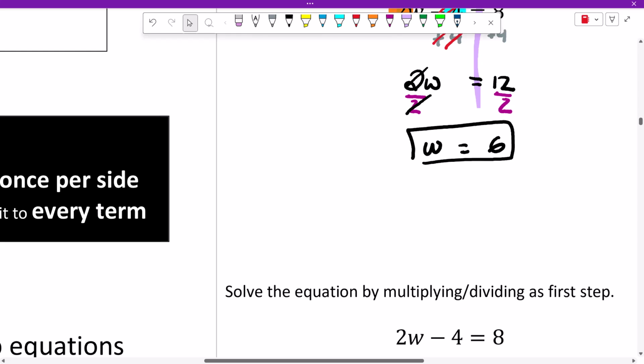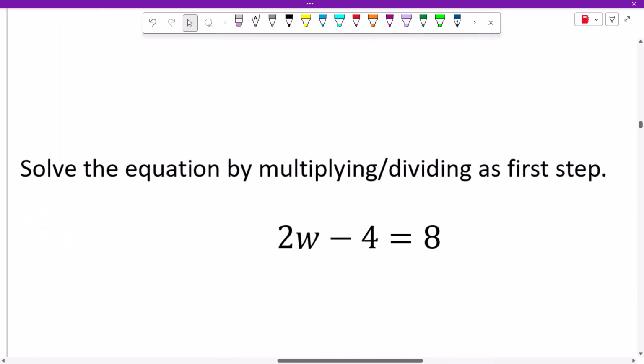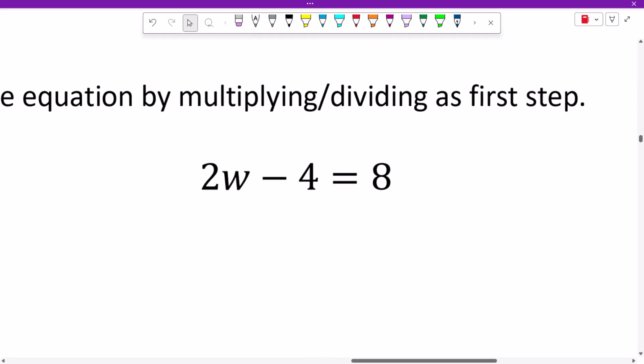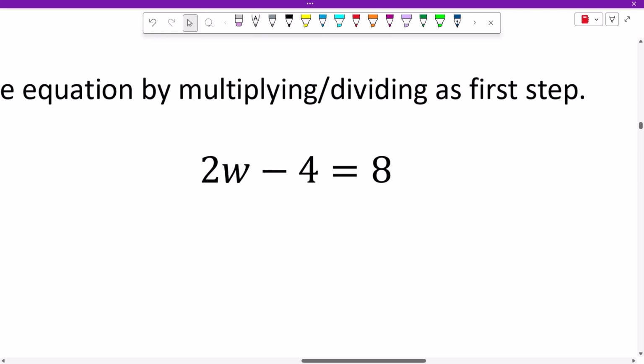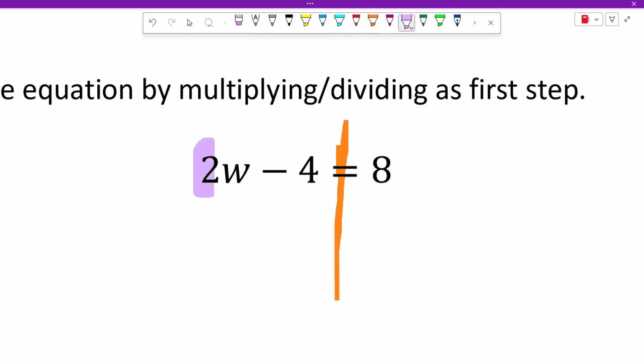But I'm going to explain to you how that works. Let's do the exact same question, but this time we are going to do the multiplying and dividing first. We split at the equal sign. You go, okay, we want to get rid of this 2 first, and we do the exact same thing.